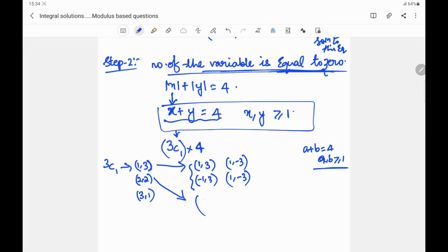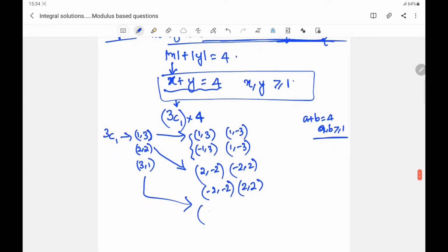So 2 comma 2 can be written as 2 comma minus 2, minus 2 comma 2, minus 2 comma minus 2, and 2 comma 2. Similarly 3 comma 1 can be written as 3 comma 1, minus 3 comma minus 1, minus 3 comma 1 and 3 comma minus 1. These are all the 4 ways in which it can be written, because we are taking both positive and negative. So that's why we have multiplied it with 4.